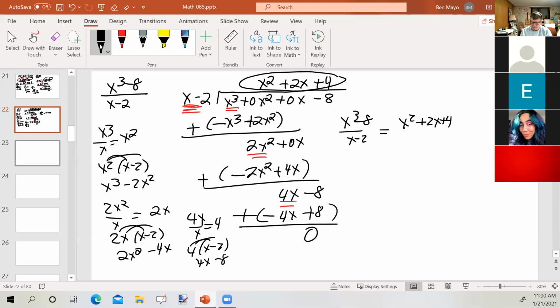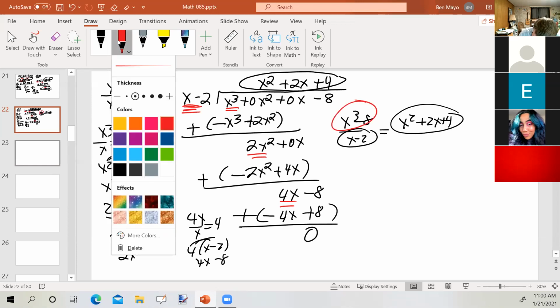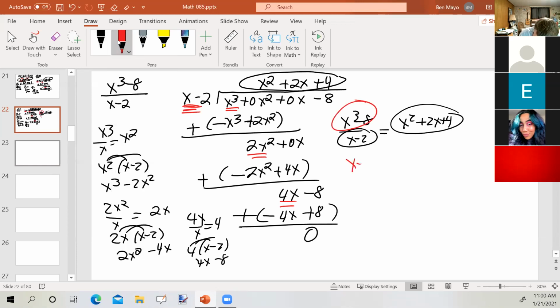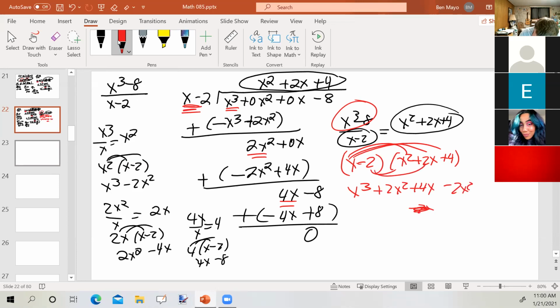Okay. Let's check our work. That means this times this should equal that. Let's see if it does. If we take x minus 2 times x squared plus 2x plus 4, we get x cubed plus 2x squared plus 4x minus 2x squared minus 4x minus 8.